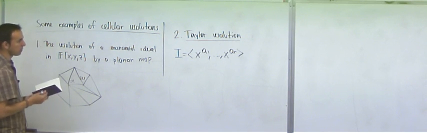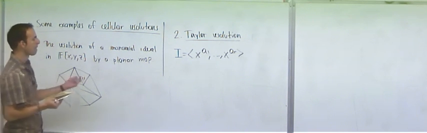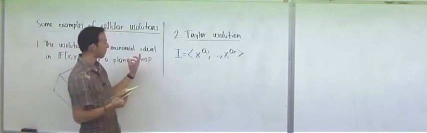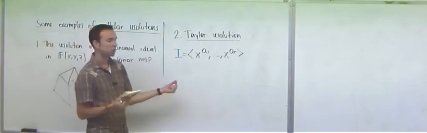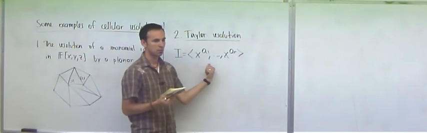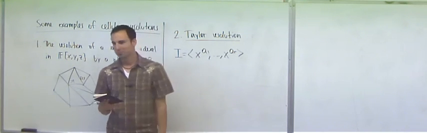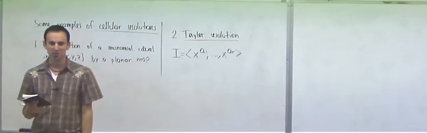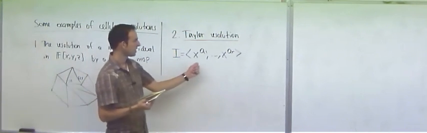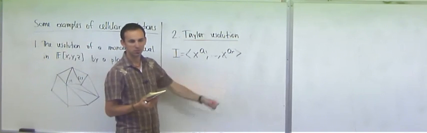Remember that what we want to do is come up with a polyhedral complex whose vertices are labeled by these monomials, right? Now, what's the simplest polyhedral complex that you can think of that has these things as labels on the vertices?